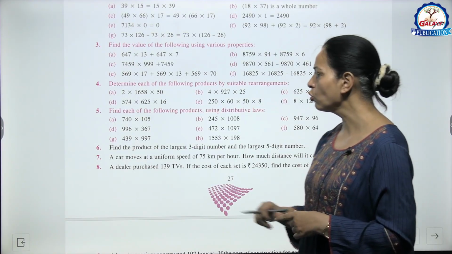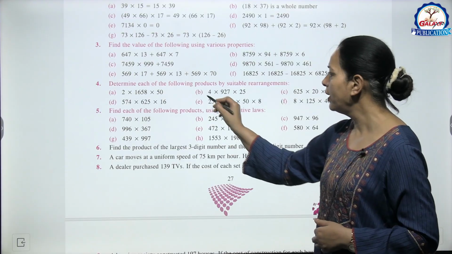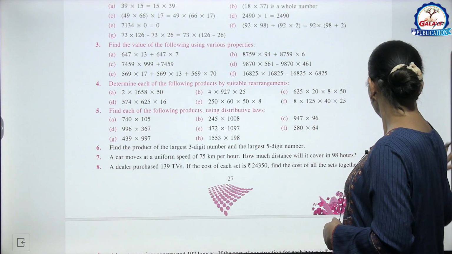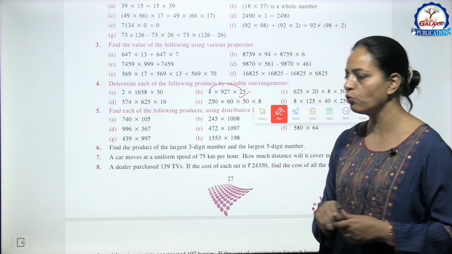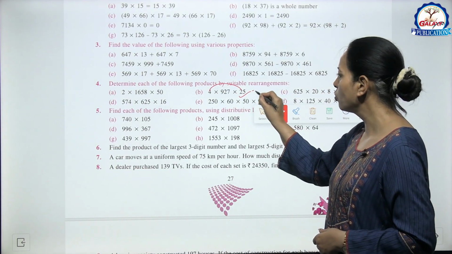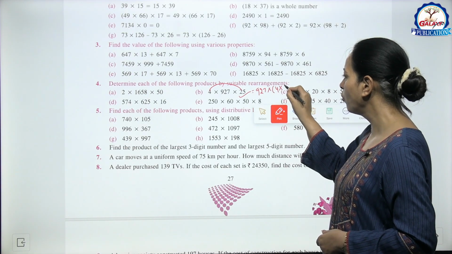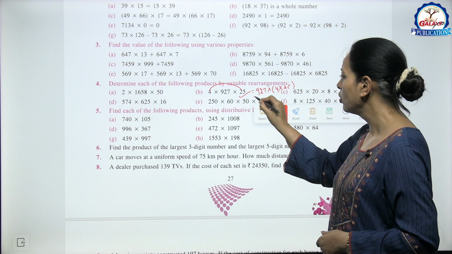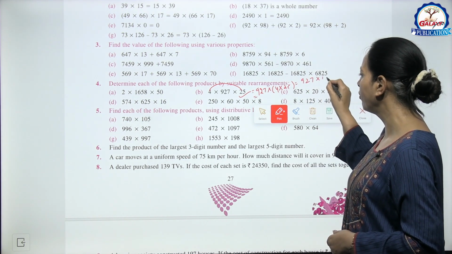Now come to the fourth question. Find each of the following products by suitable rearrangement. Like B part, 4 into 927 into 25. You know 4 into 25 is 100. So write it like this, 927 into 4 into 25. So 927 into 100.